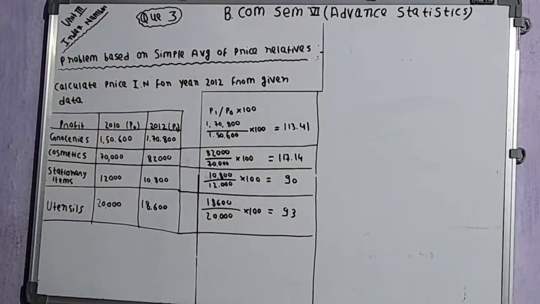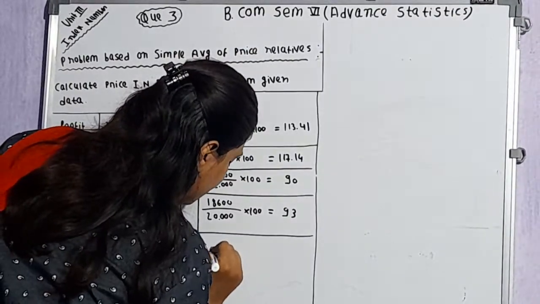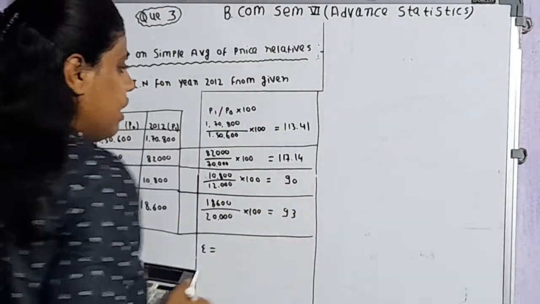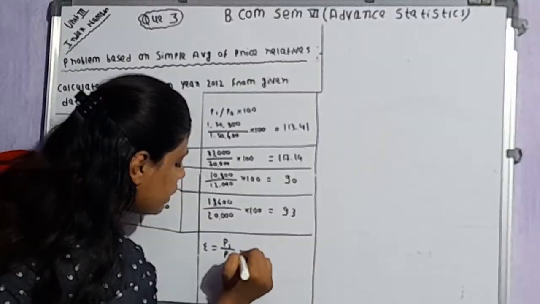We have to add these price relatives, because in the formula we need the summation of price relatives, P1 upon P0 into 100.